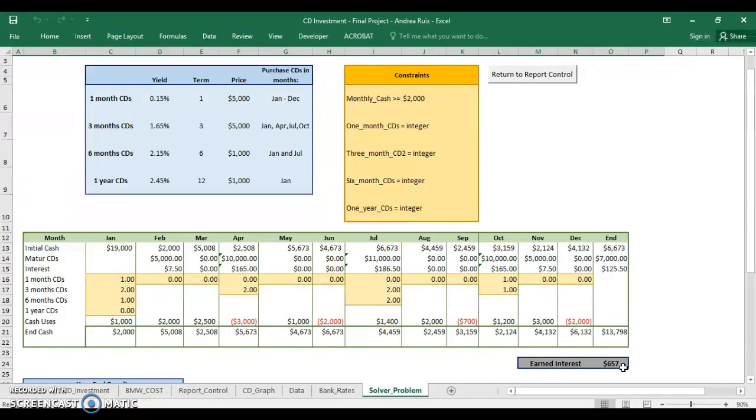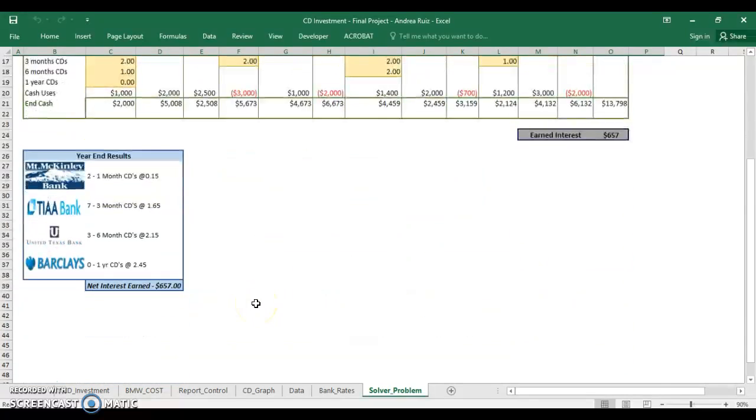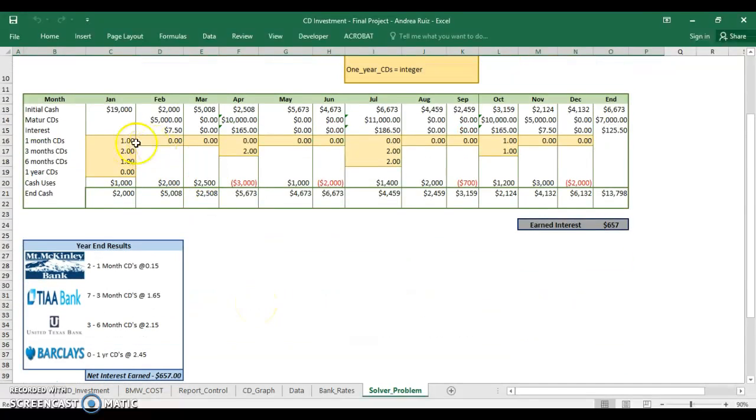I have also reported the Solver results in this table, so it's easier to read than in these cells. So for example, for the Mount McKinley Bank, which is the one for the 1-month CDs, I should buy just two 1-month CDs at the rate of 0.15%.